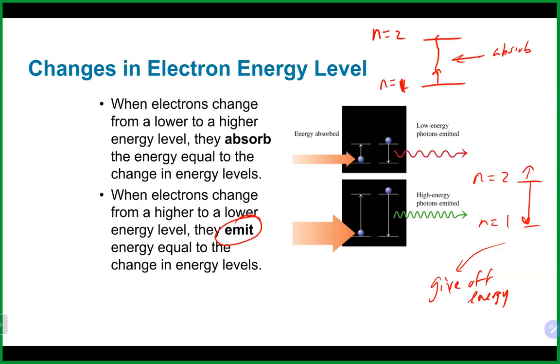They're releasing that energy and we see the different colors. The absorption part would be when you stick it into the fire at the beginning and it gains the energy and goes upwards. So anything that goes from lower energy to higher energy has to absorb energy. Anything that goes from a higher energy level to a lower energy has to emit or release the energy to allow those electrons to come back down.